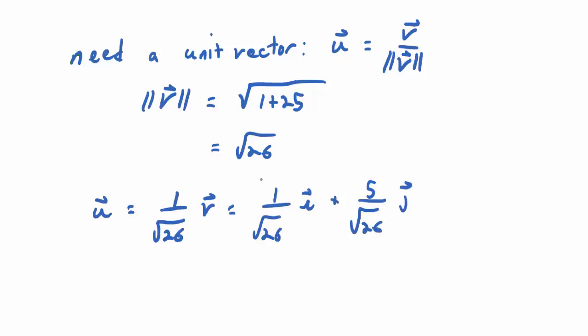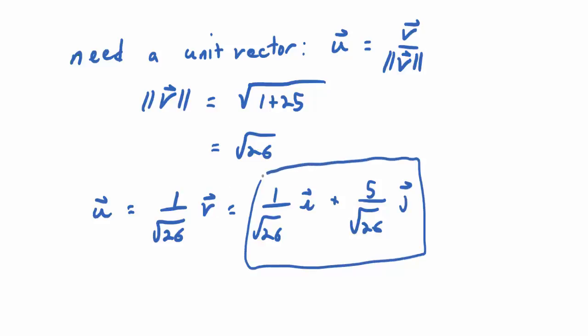Okay, this is our u. Is that clear what I did to find it? That's the direction we're interested in. Of course, it points in the same direction as v, but for a consistent definition of directional derivative, we need to take a unit vector here.